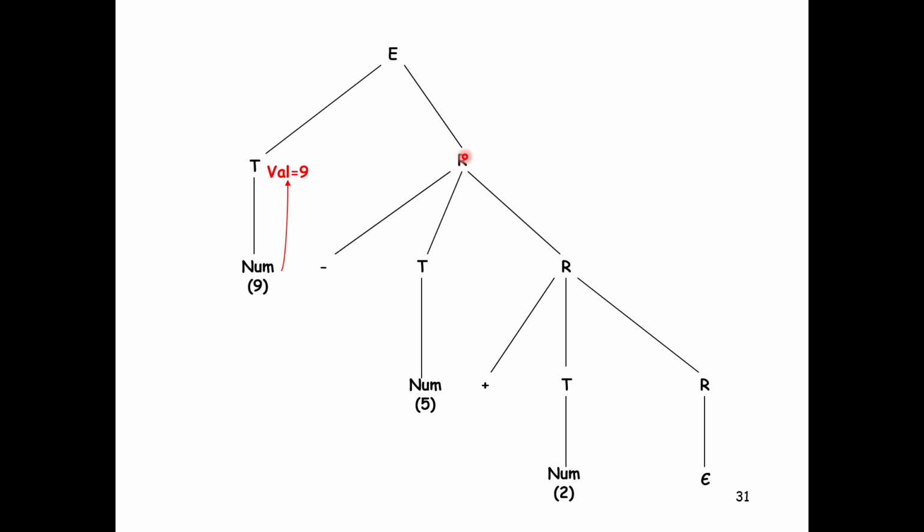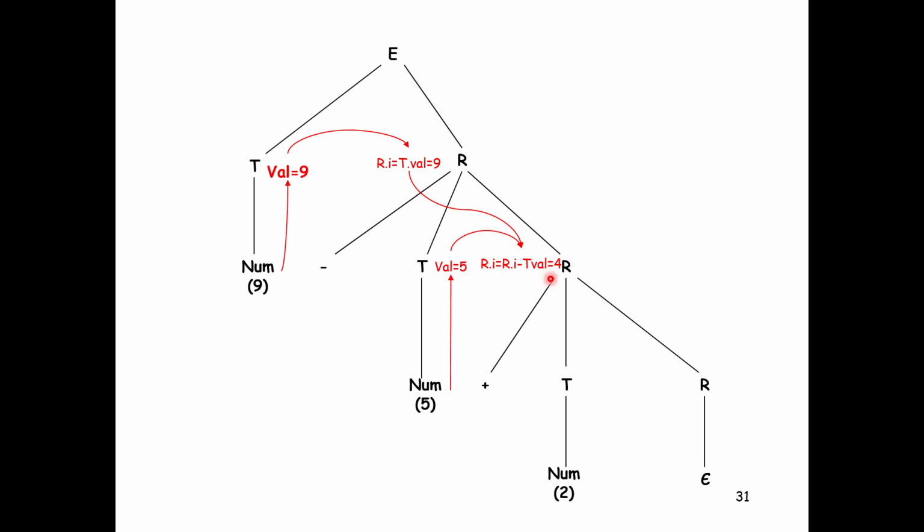Then moving to this node, again the reduction gives val equal to 5. Again R gives minus TR, and the semantic rule corresponding to that evaluates R dot i minus T dot val. What is R dot i? That is 9. T dot val is 5.